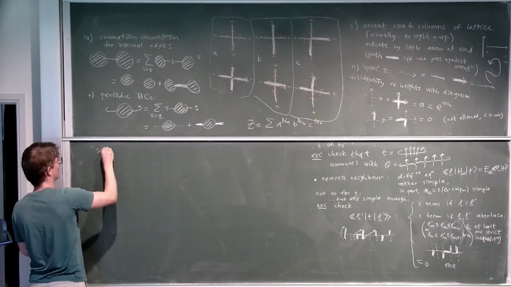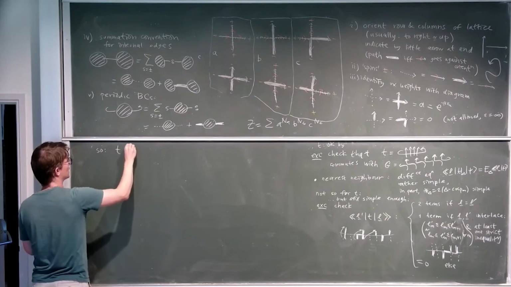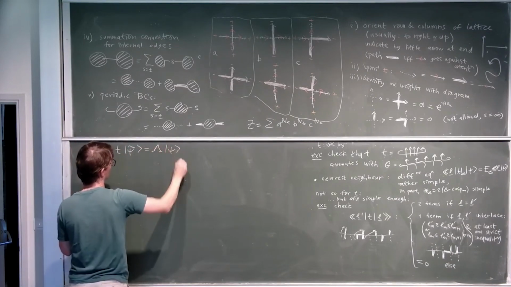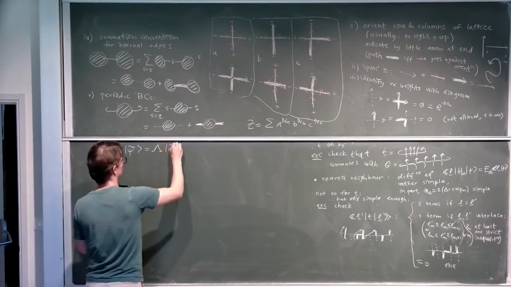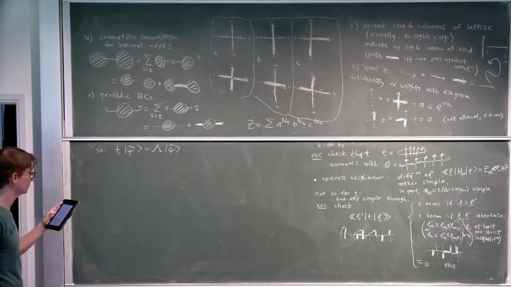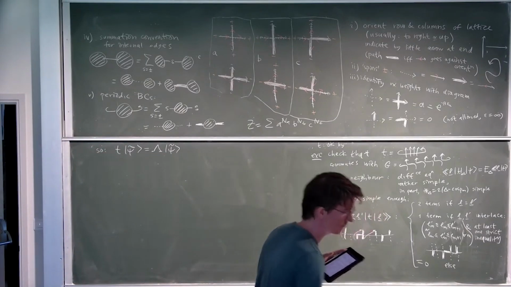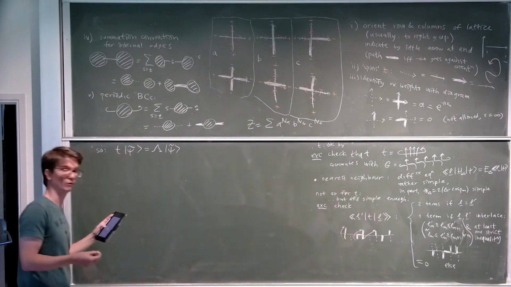So we want to find vectors psi tilde, which are eigenvectors of T, with eigenvalue capital lambda. I'm going to do this in a bit less detail than I did last time, but I'll tell you how to do it.